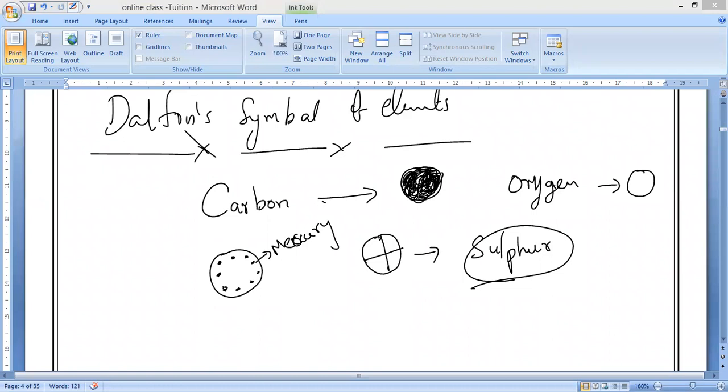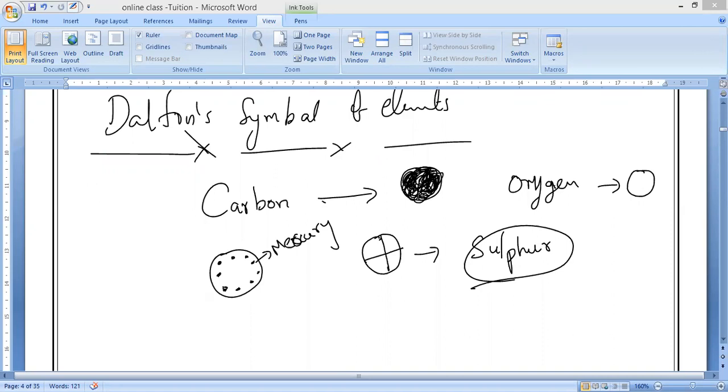Historical importance, because he is the first scientist who represented the elements with symbols. That is the only thing. There is no other use of these kinds of symbols. We don't want the sketches, we only want the particular symbols of the elements. That is what we will study. So they are not used anywhere.